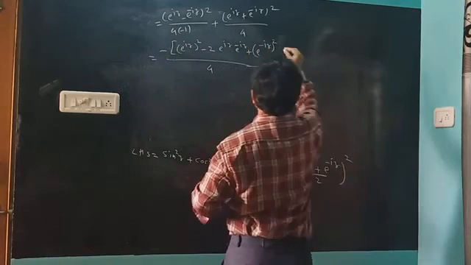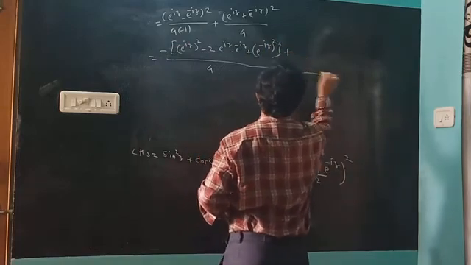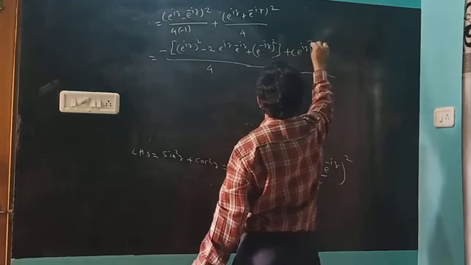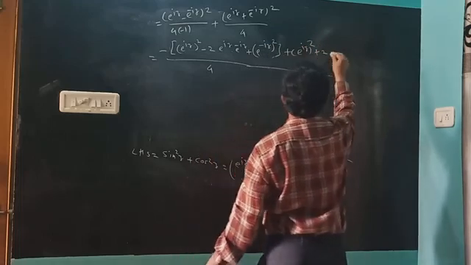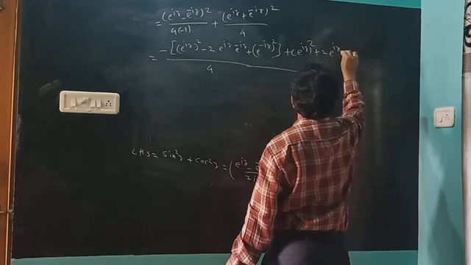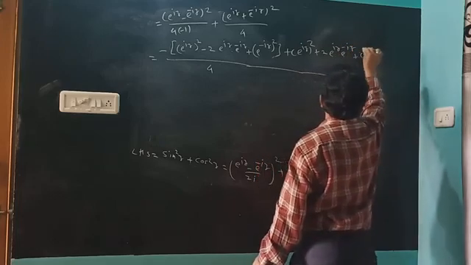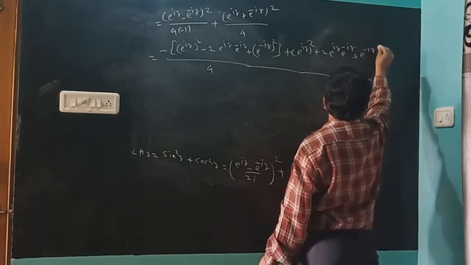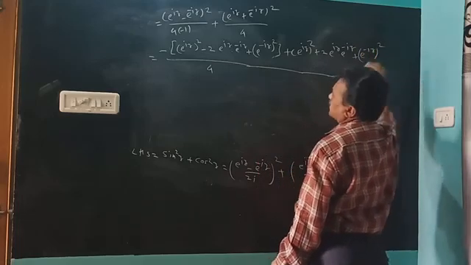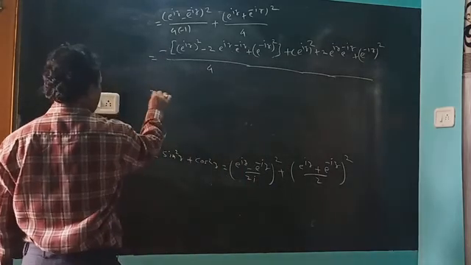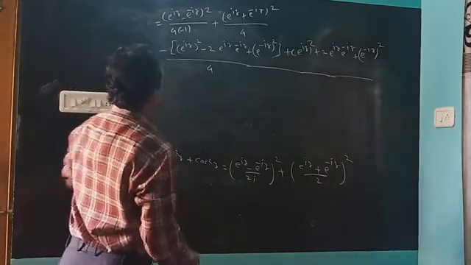Next term: e raised to power iz square plus 2 times e raised to power iz e raised to power minus iz plus e raised to power minus iz square. Okay, sign change.